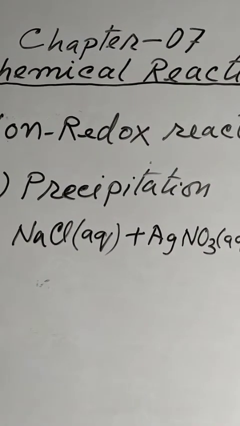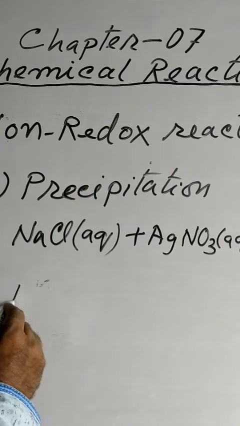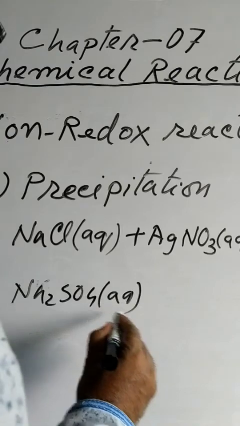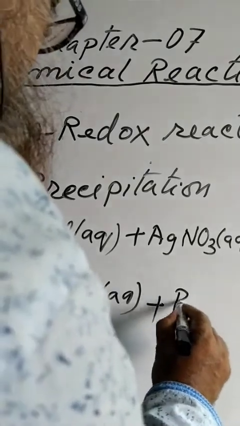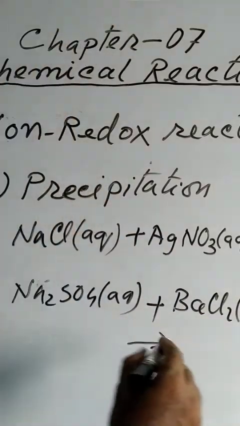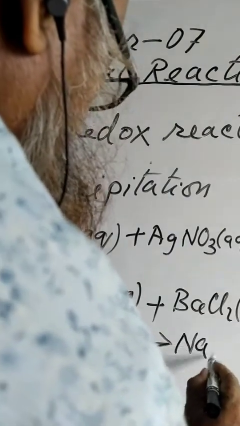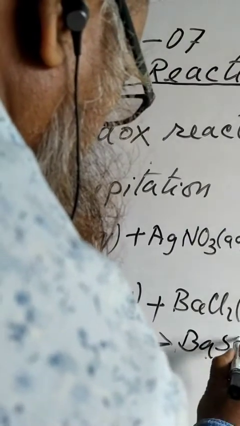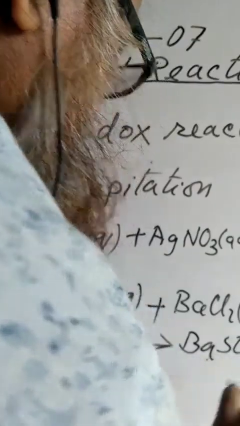There are many other examples. Sodium sulfate plus barium chloride together react to form barium sulfate, that is solid, insoluble, plus sodium chloride, soluble.